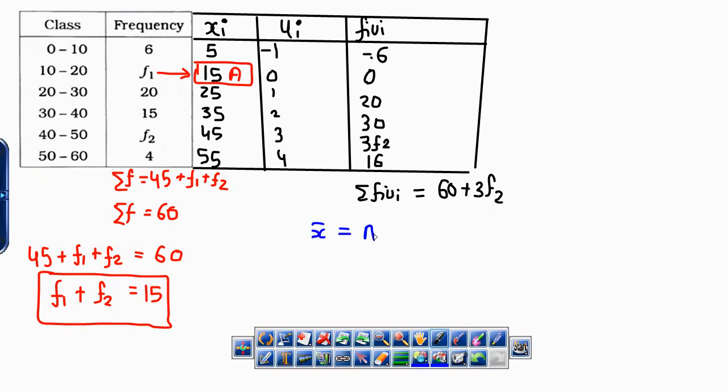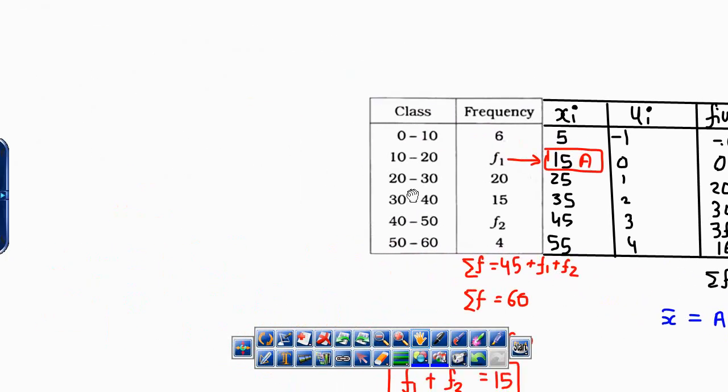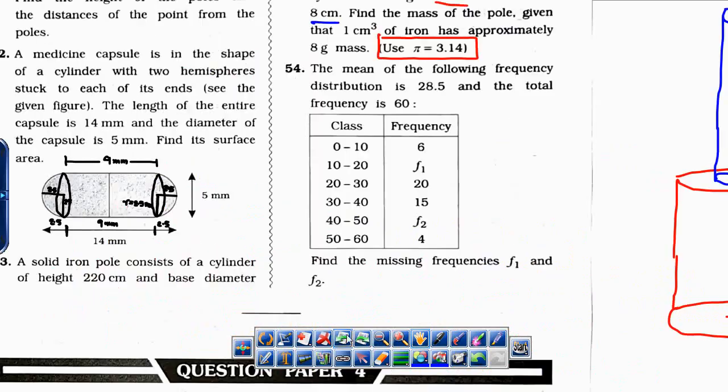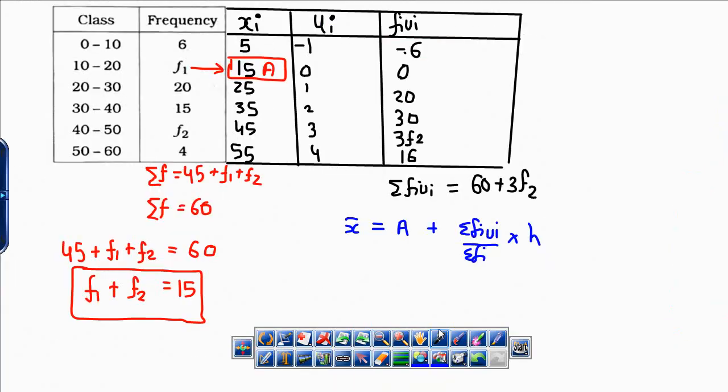X bar is equal to a plus sigma fiui upon sigma fi into h. What's the mean? Mean value given is 28.5. So 28.5, a is 15, sigma fiui is 60 plus 3f2, sum of frequency is 60 and class length is 10.